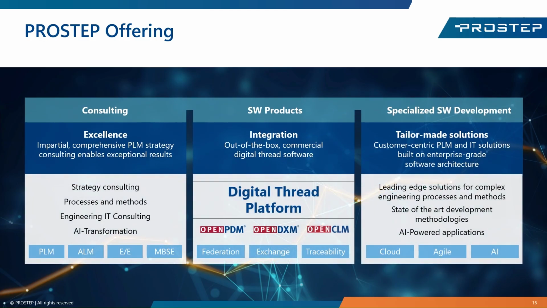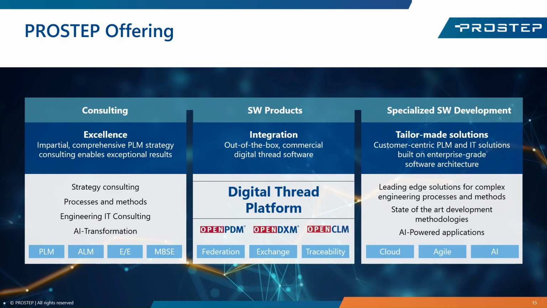Our consulting practice includes PLM strategic consulting, consulting on processes and methods, engineering IT consulting, as well as AI transformation. Our software products are encompassed by the digital thread platform that historically has 3 primary brands in it: OpenPDM for federation and integration, OpenDXM for collaboration and data exchange, and OpenCLM for traceability and digital thread.